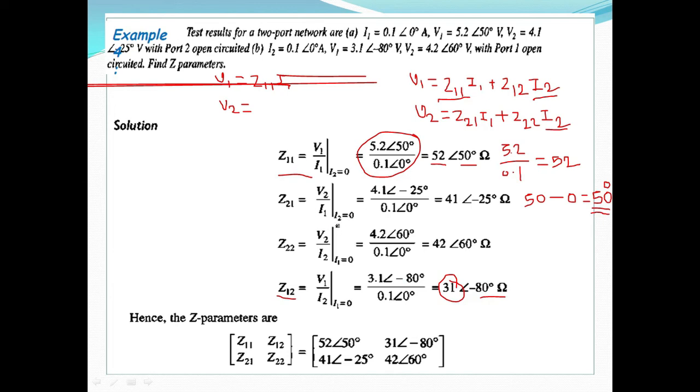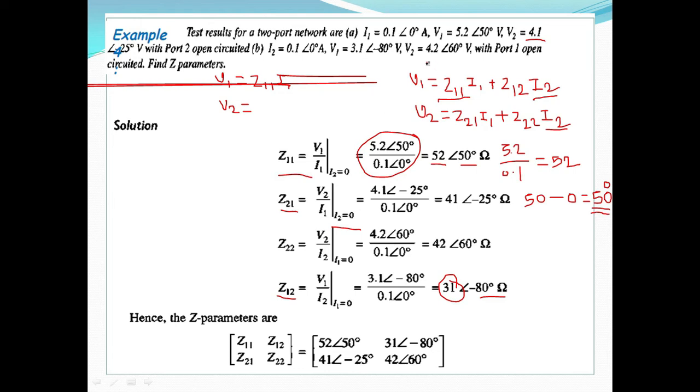Then for the second case, with I1 equal to 0, Z21 is equal to V2 upon I1, where V2 is 4.1 at an angle of 60 degree.